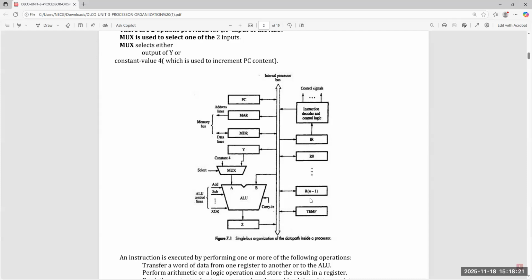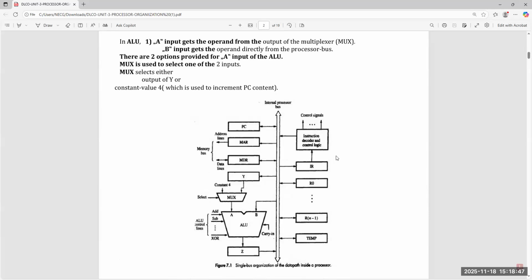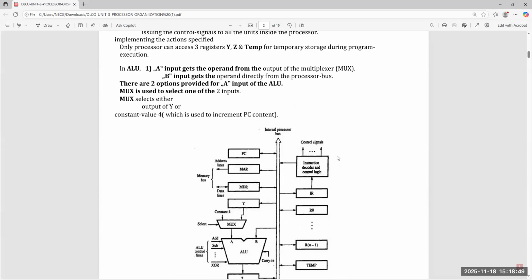Coming to the other side, it has the instruction decoder and control logic, the instruction register, and the register file. Register file means R0, R1, R2, up to Rn minus 1. Temp is another register.